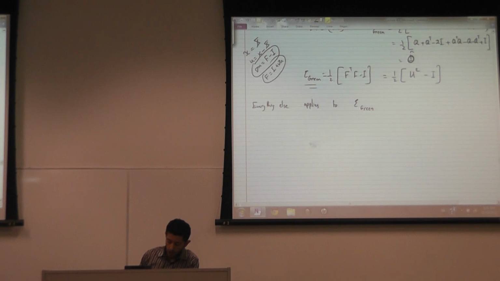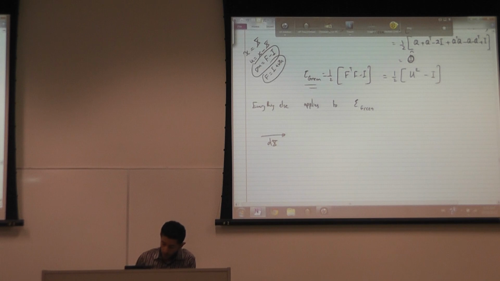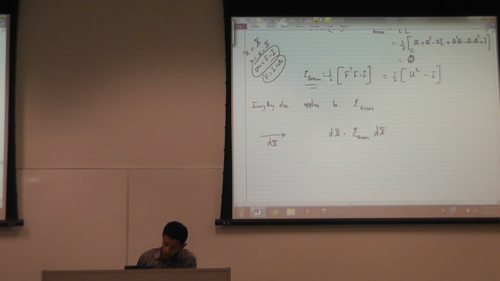When I take this vector dx, dx dot epsilon green dx divided by norm dx norm dx, it gives me the green strain along dx.